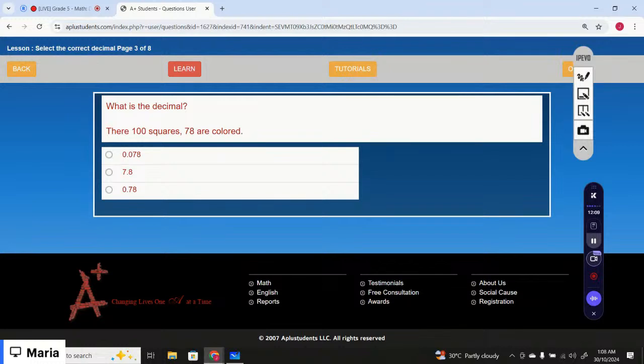The correct option is, you can write it as 78 hundredths. Very good. And you can write it as 0.78.